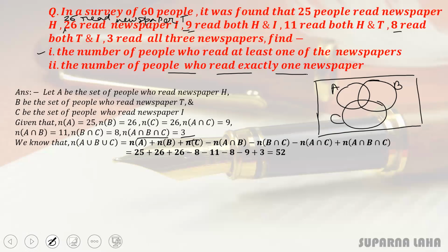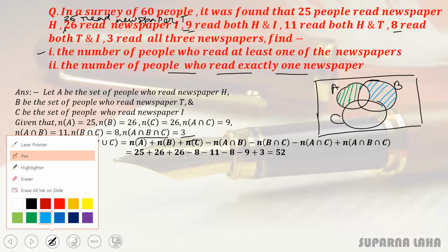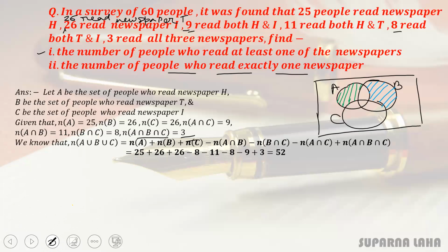Firstly, I'm marking those people who read only the newspaper H. This portion, they read only newspaper H. Next, I'm marking those who read only newspaper T. This portion, they read only newspaper T. And in this other portion, they read only newspaper I. So you need to find the number of elements in these 3 shaded portions.